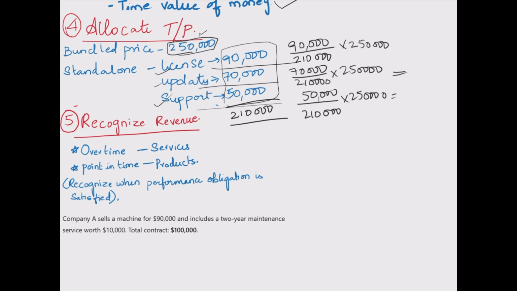Let me just calculate this for a moment. 90 by 2,10,000 into 2,50,000 should be 107,142. 70 by 2,10,000 into 2,50,000 should be 83,333. And 50 by 2,10,000 into 2,50,000 is equal to 59,524. So this is what I am going to recognize as revenue under license, updates, and support. That is called allocating your transaction price.